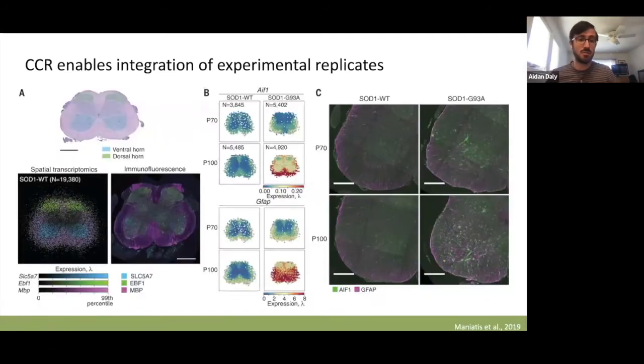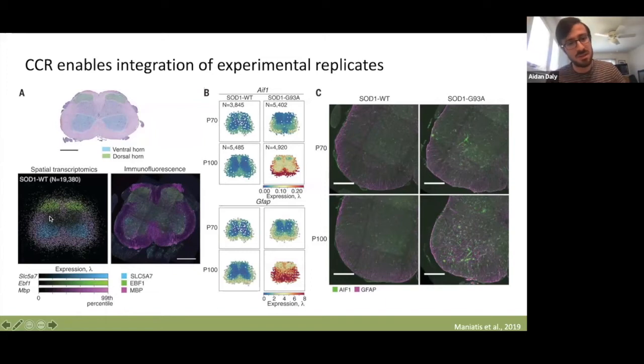If we look at what we get from the transcriptomics end of this, we can actually use this to correct for that lack of signal that we see relative to fish-based methods. So here's an example where we have a couple hundred mouse spinal cords, ST, that have been registered with common coordinate registration and projected into this space.